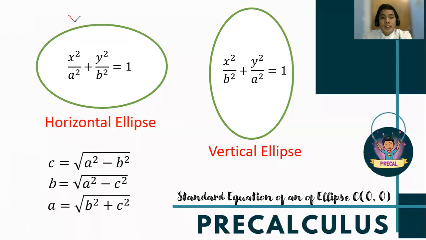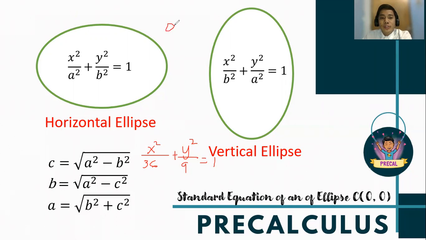Say, for example, you have x squared over 36 plus y squared over 9 equals 1. What type of ellipse is this? Is it horizontal or vertical?